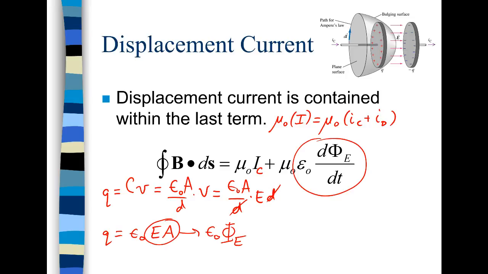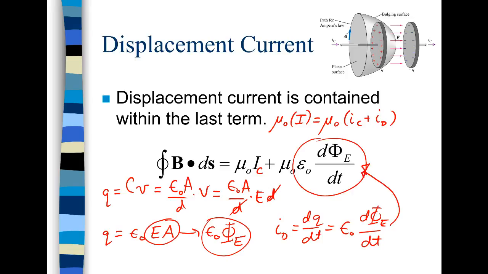So that's the charge, and how do we get to current? Well, current is just dq dt. So we take our expression for charge, epsilon naught phi, and we take the derivative of that with respect to time. And then when that's multiplied by mu naught, that's going to give us our displacement current.